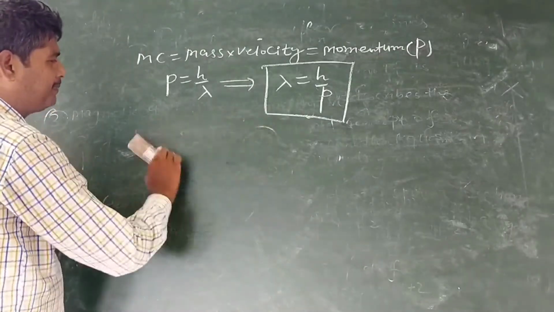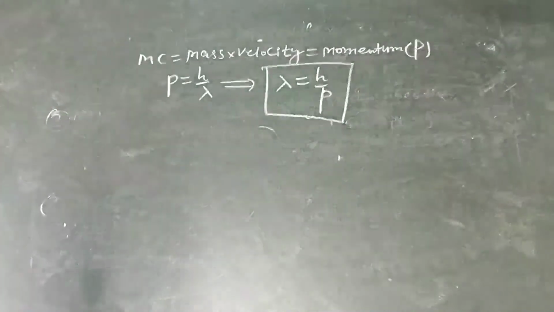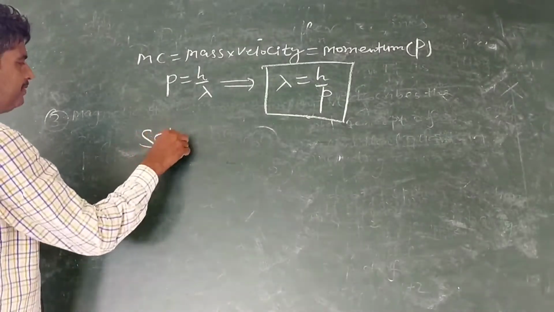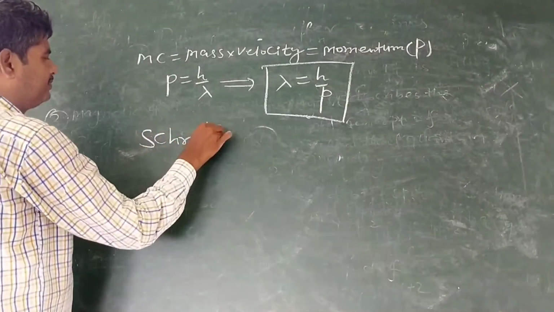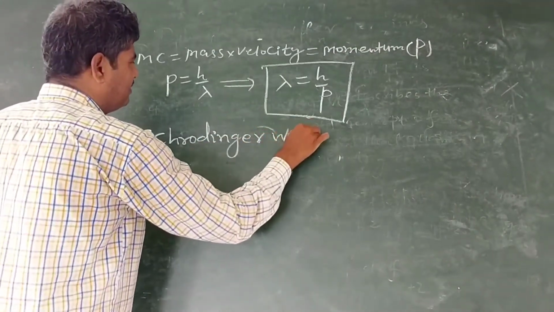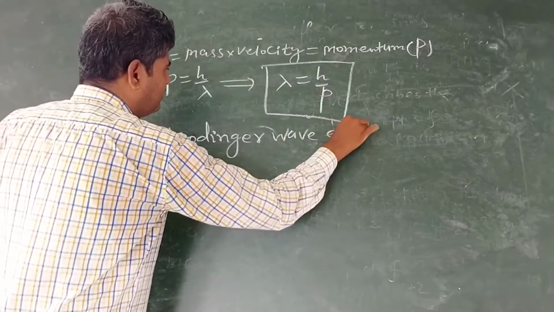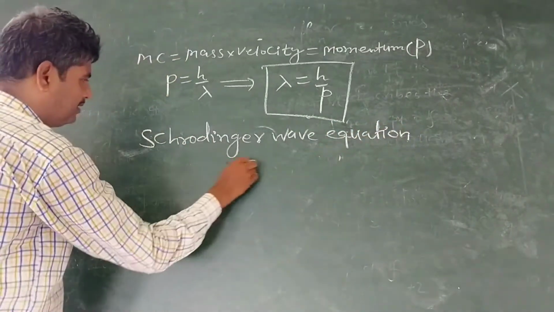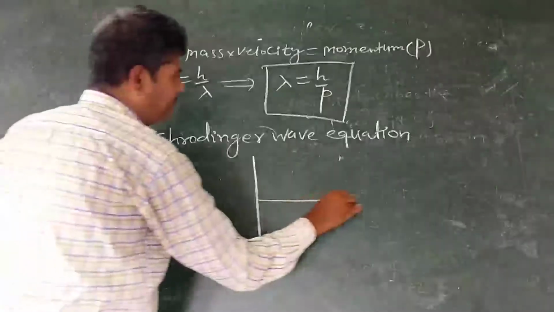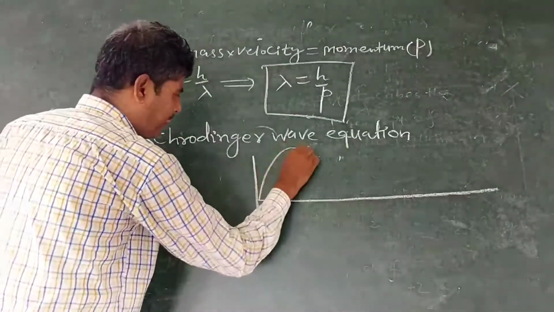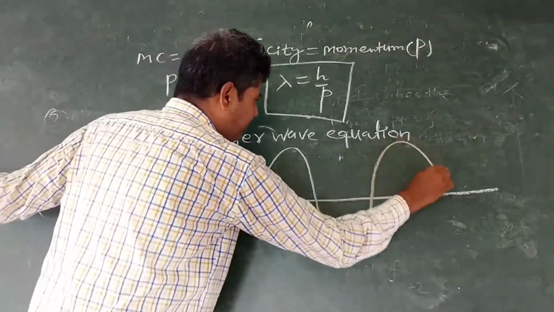Last topic of the chapter, Schrodinger wave equation. Now let us consider a wave proceeding along the x-axis.